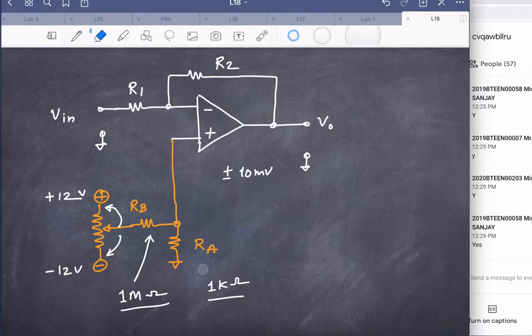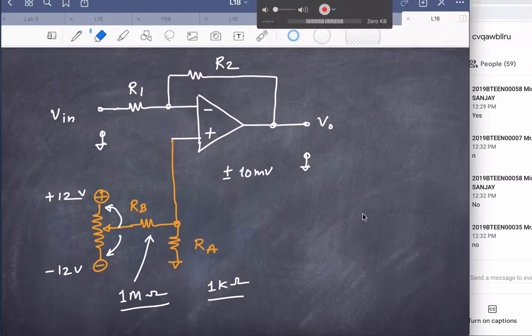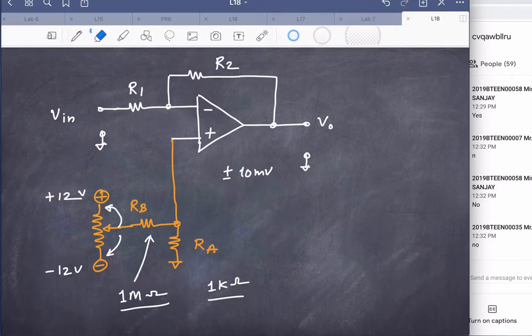Any query up to this point? Okay, fine. So this circuit is given in the book of Sergio Franco. You can refer to input offset compensation part, and this circuit will be available there.